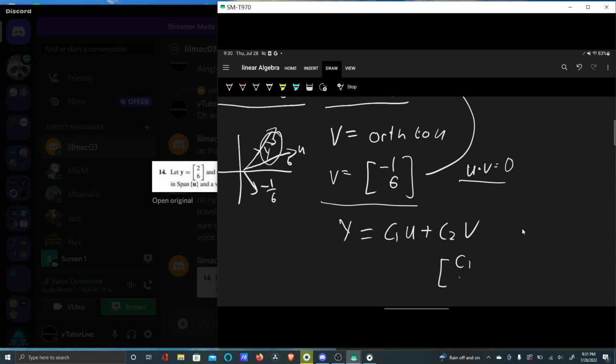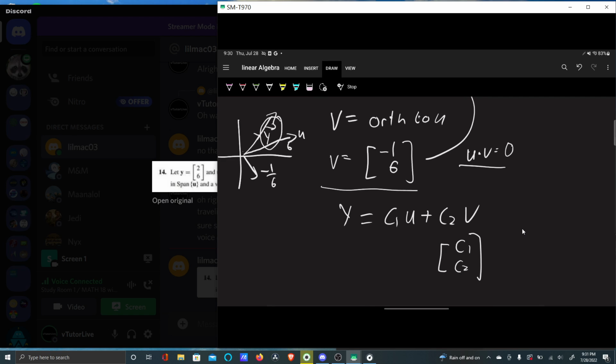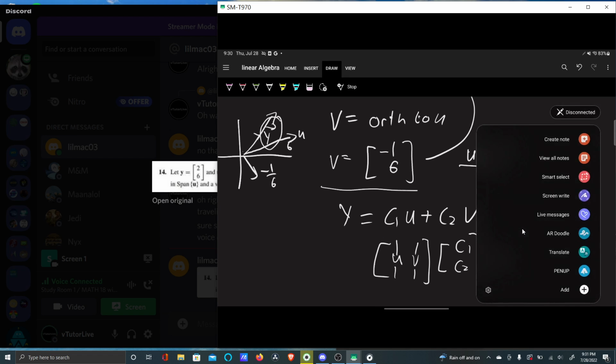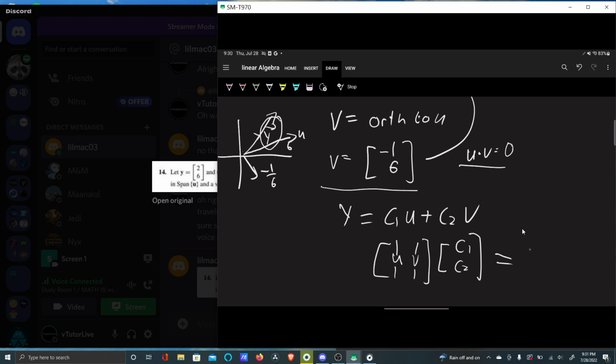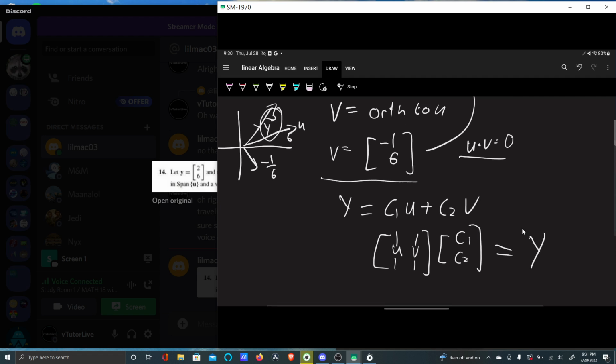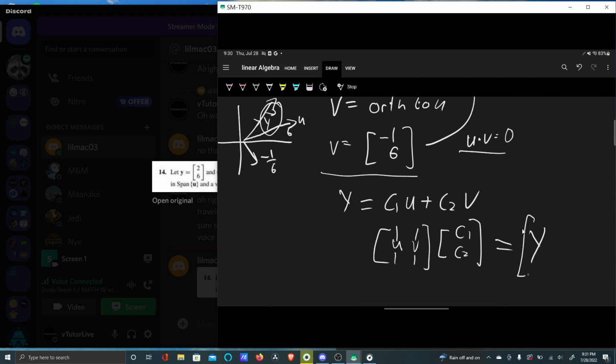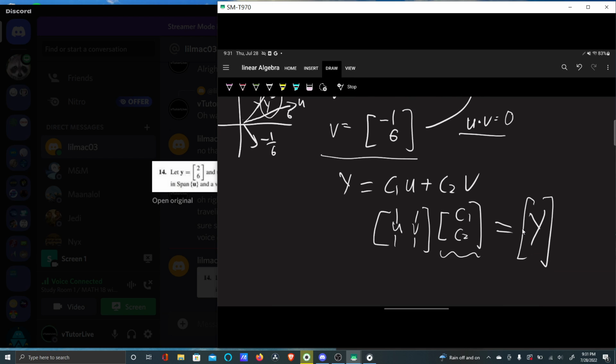I would say we're trying to solve for c1, c2 in an equation where c1u plus c2v is equal to y. And u, v, and y we already know. We're just trying to solve for c1, c2.